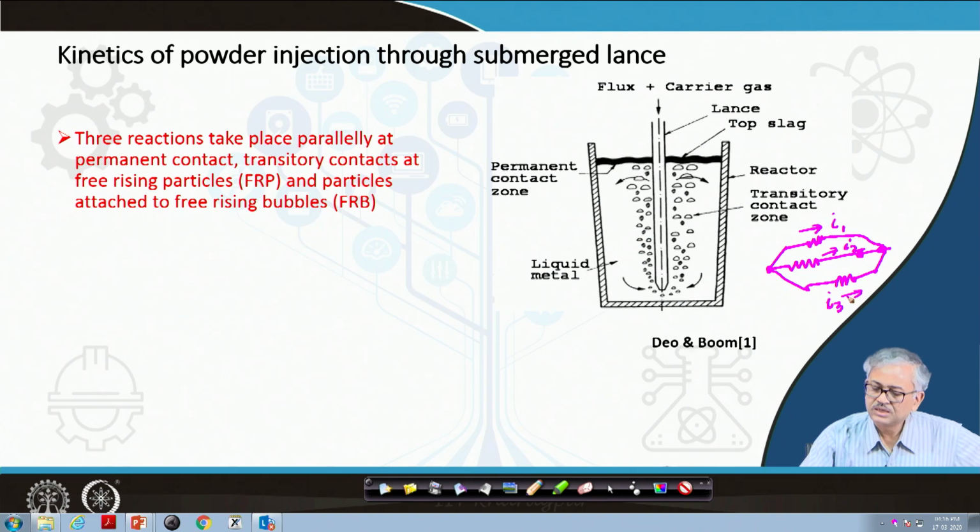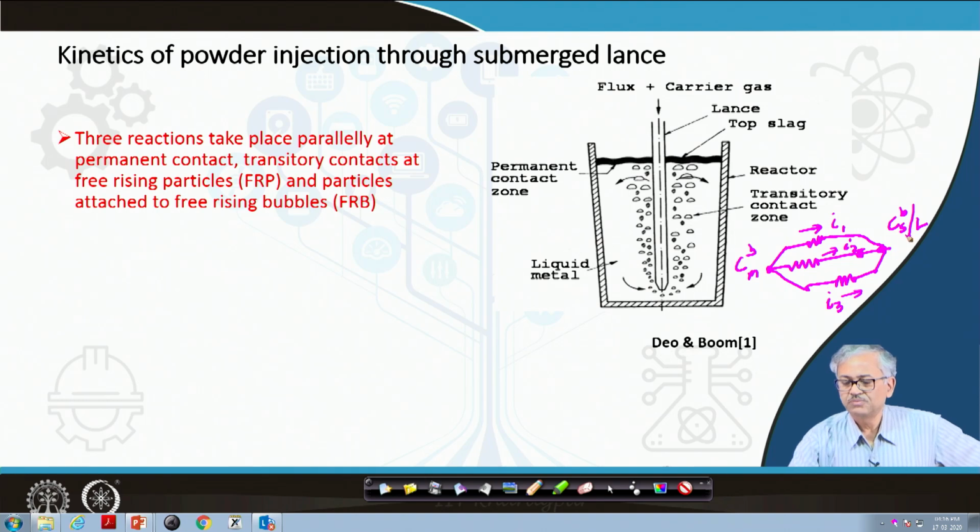So, these are the 3 currents, and there is the potential difference. The potential difference you can write as CMB minus the equilibrium value, which is CSB by L. So, this is the equilibrium concentration of impurity in the metal phase in equilibrium with the concentration in the slag bulk, right.